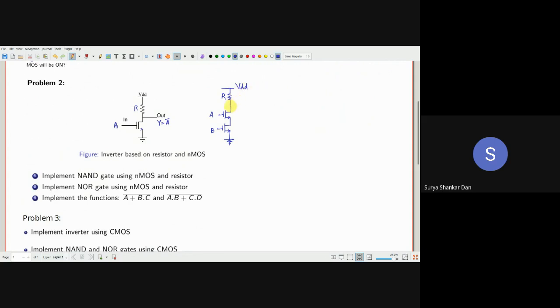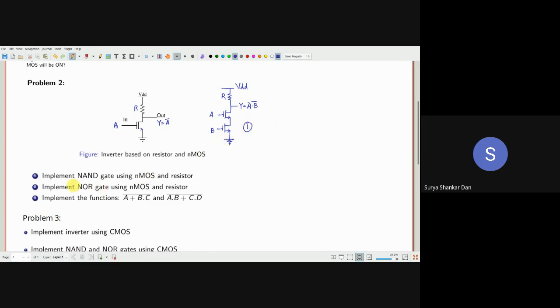The function will be Y equal to AB with the bar. Remember that whenever we are trying to implement using the NMOSFETs, we will always get an inverted output, as we have already discussed in our previous tutorial. So that's solution number one.